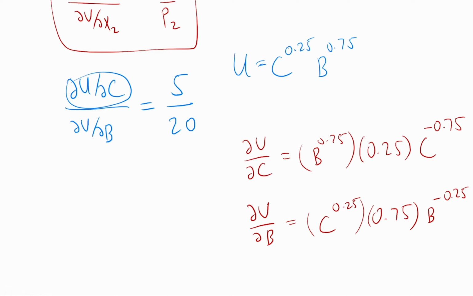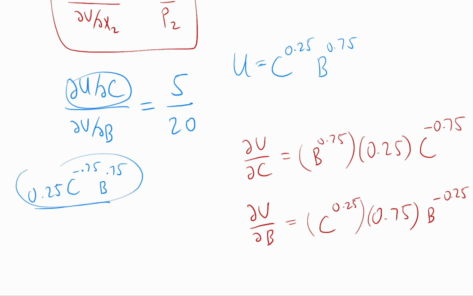We can set it up as this first guy divided by the second guy, just to get this ratio. I'm going to put this 0.25 first now. So this is 0.25 times, just to be consistent, I'm going to put the c first. So c to the negative 0.75, times b to the positive 0.75.